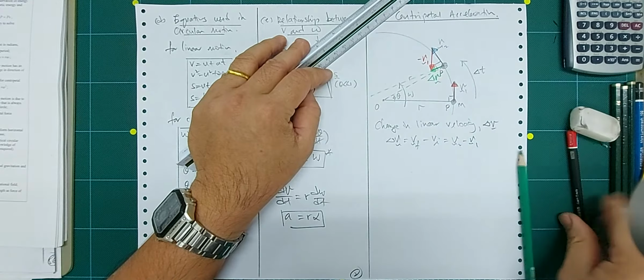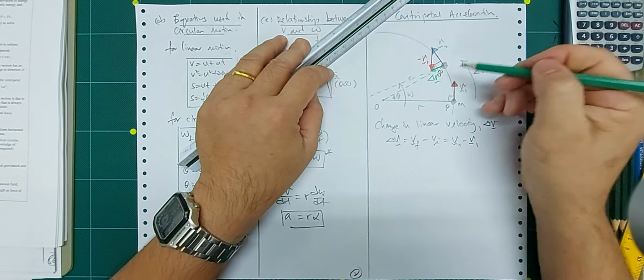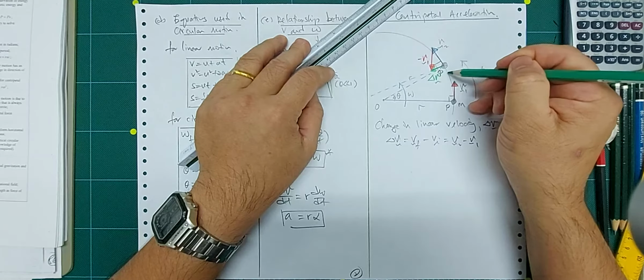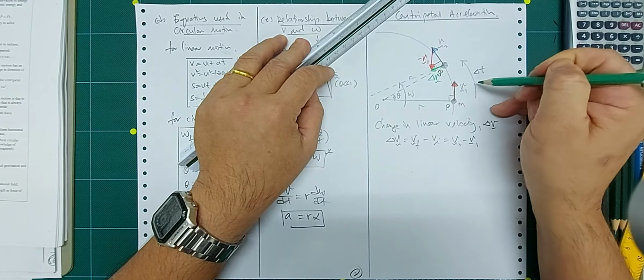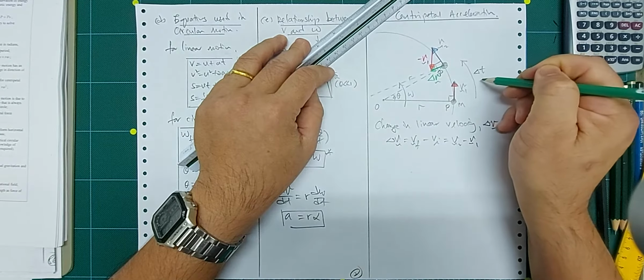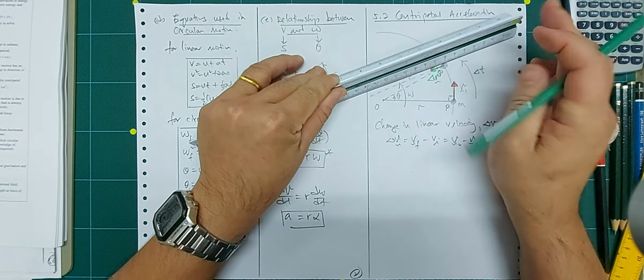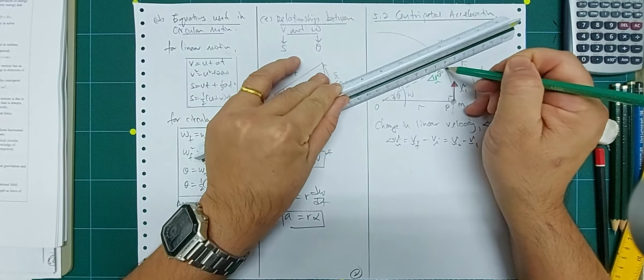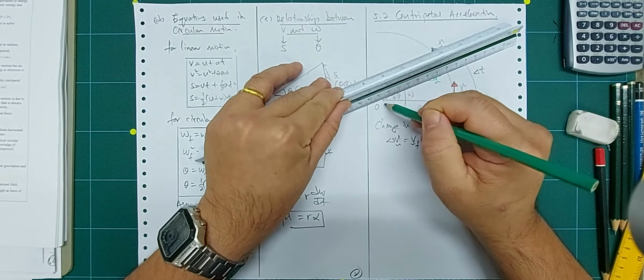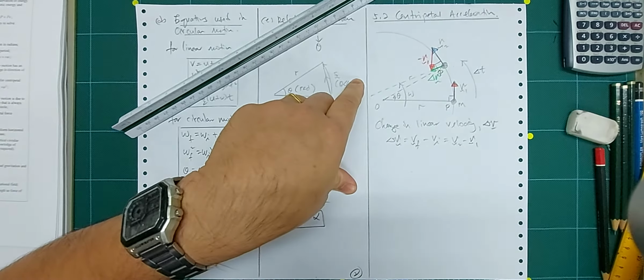Sorry, this one is not P, this is Q. So we repeat by moving the Q nearer and nearer to P. That means we make the analysis based on a shorter delta t value. So when your theta becomes smaller, your green line is going to become nearer and nearer to O.